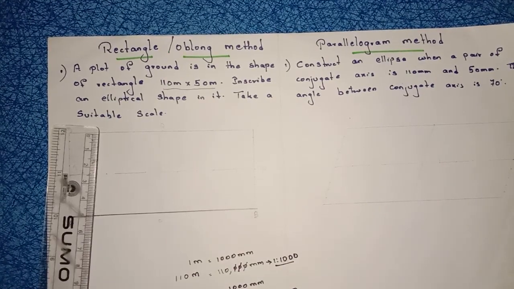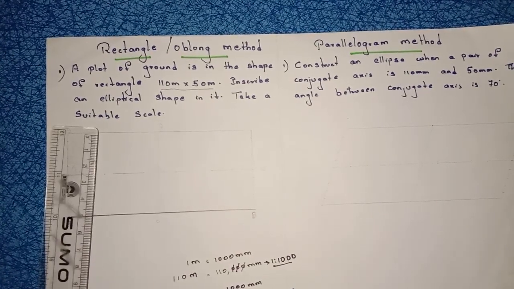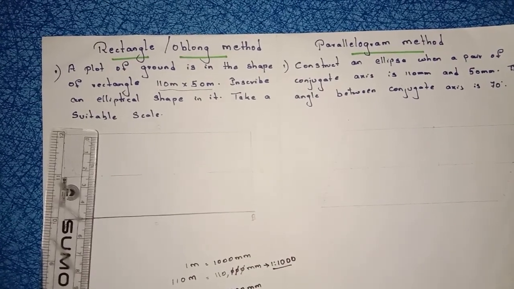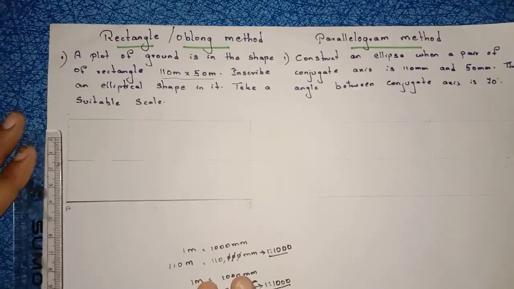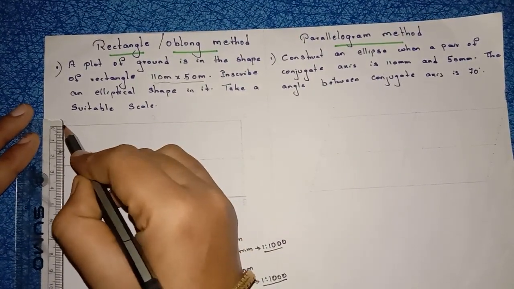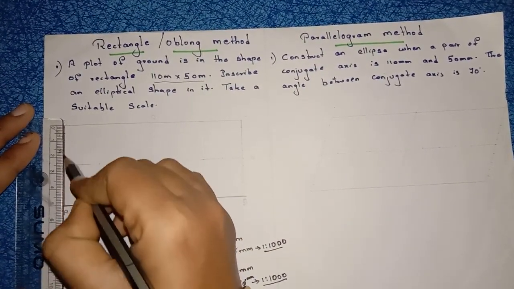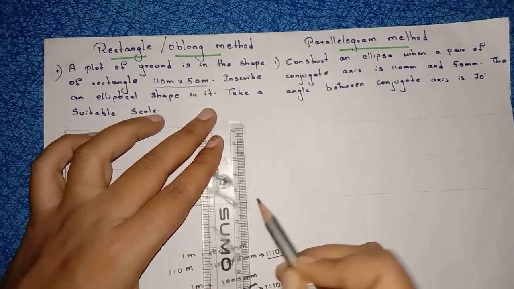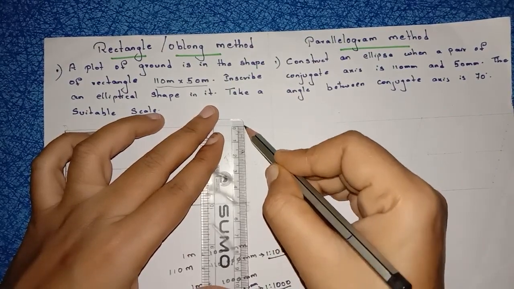Now keep your scale here, take 90 degrees, and take 5 centimeters here. Again keep your protractor here, mark 90 degrees, and take 5 centimeters, 50 mm.